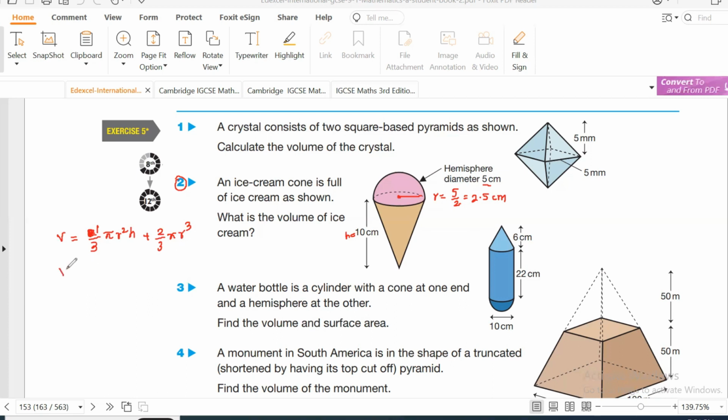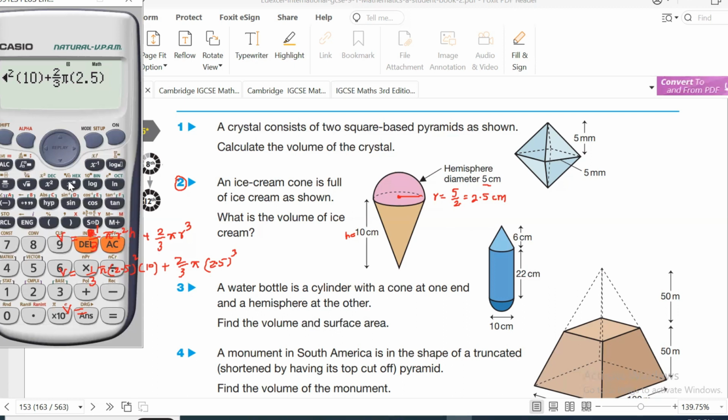Now replace the values. V is equal to 1 over 3 pi r, r is 2.5, 2.5 whole square, h is 10, plus 2 over 3 pi r, r is 2.5 whole cube. After this, we can check in the calculator what is the answer of this whole shape.